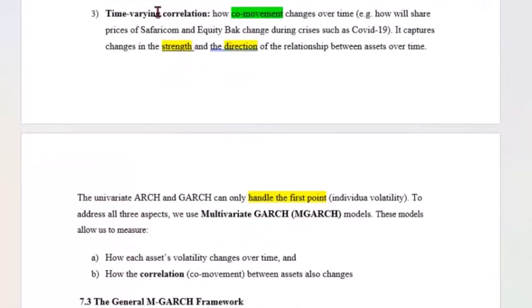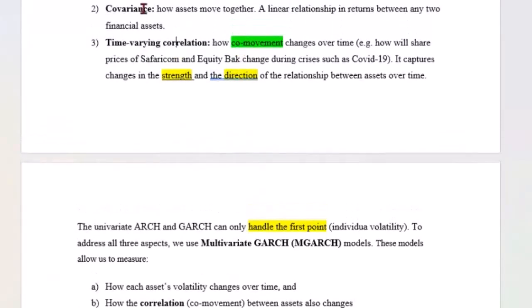And the third one is time varying correlation: how co-movement changes over time. For example, how will share prices of Safaricom and Equity change during a crisis such as COVID-19? In this case, it captures the strength and the direction.